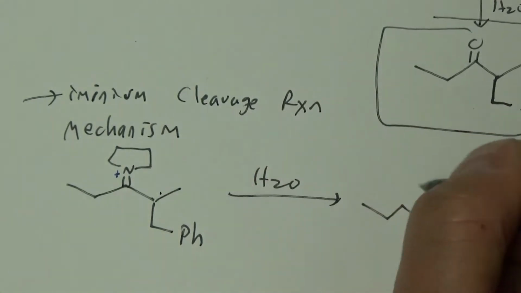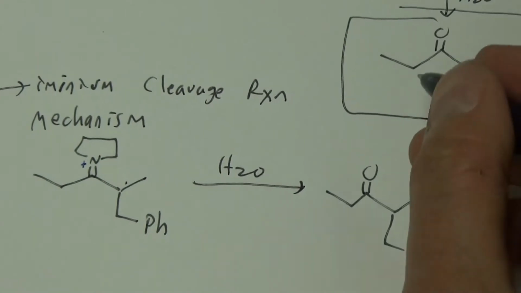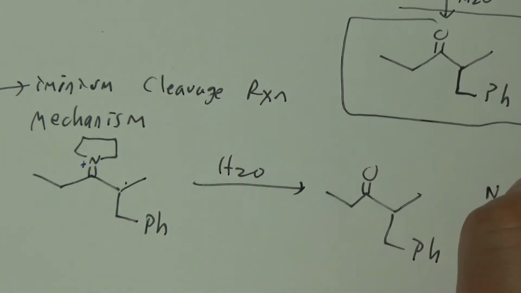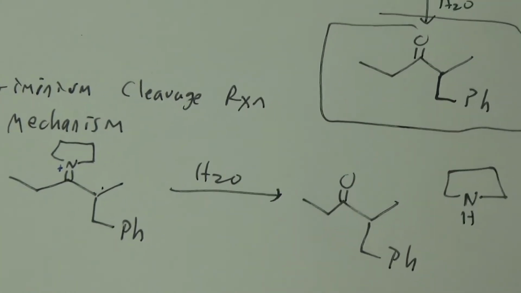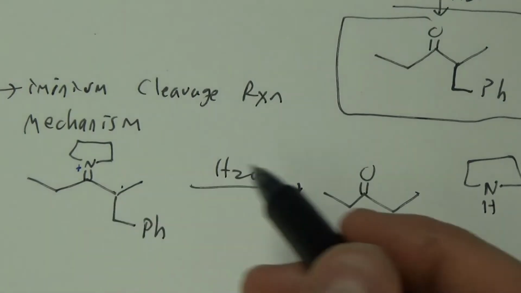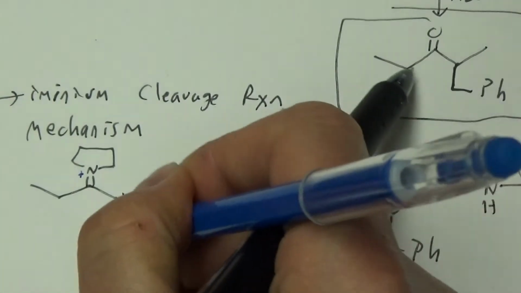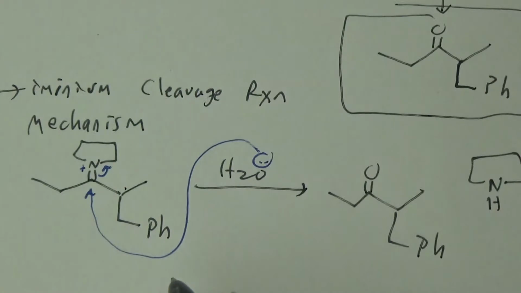Out comes the ketone, and the top part is the amine that's kicked out. All right, so how does this work? This is an electrophile. That's a nucleophile. What's going to happen? This just attacks. And what does that give us?